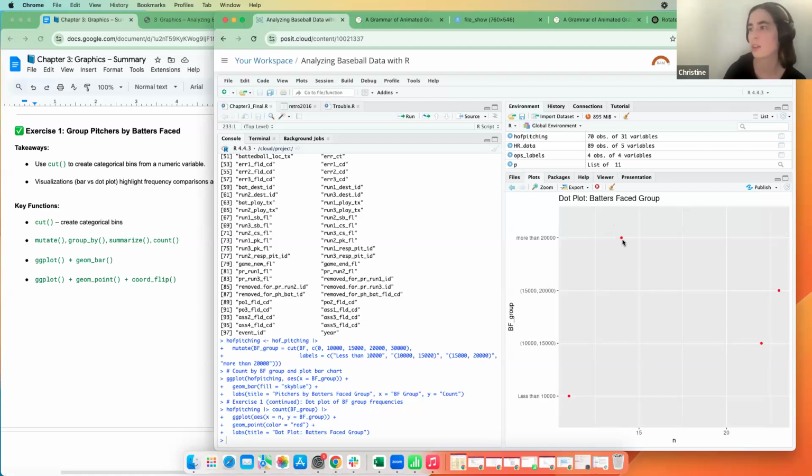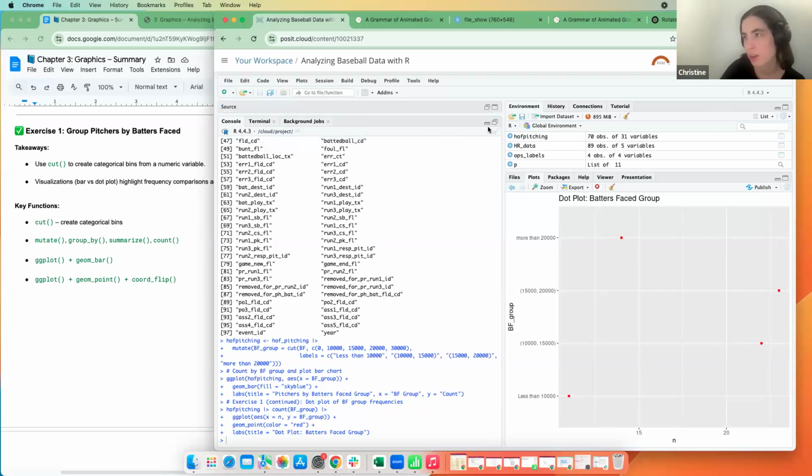I would be interested in the reasons why for those specific players in those groups. Does it have to do with their career length or something else?